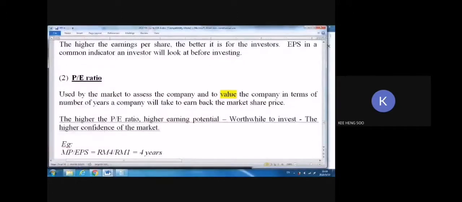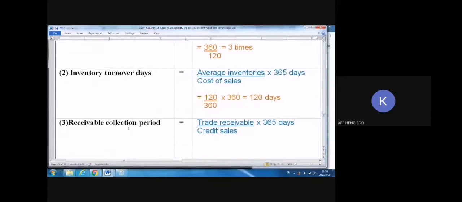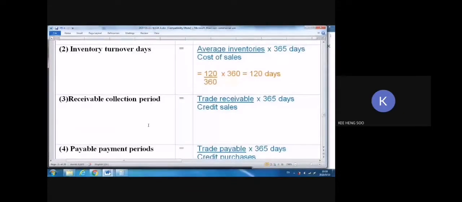Efficiency ratio. Why am I using trade receivable divided by credit sales? For example, I got this trade receivable. Say, for example, I try to make your life easier, 30.